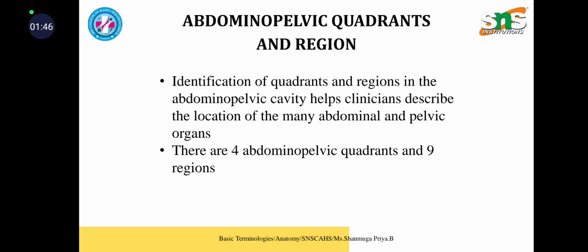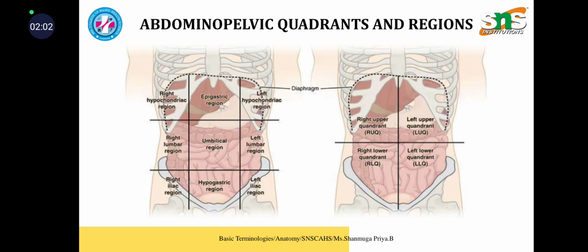Identification of quadrants and regions in the abdominopelvic cavity helps clinicians describe the location of the many abdominopelvic organs. There are 4 abdominopelvic quadrants and 9 abdominopelvic regions, depicted in the image. On the right, we have the quadrants: right upper quadrant, left upper quadrant, right lower quadrant and left lower quadrant.